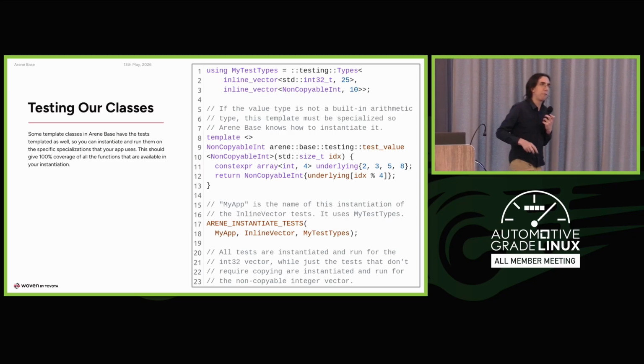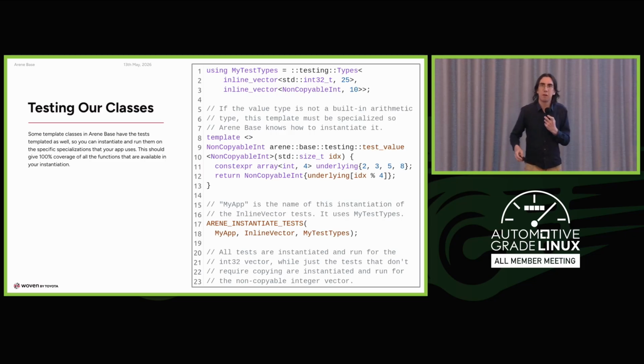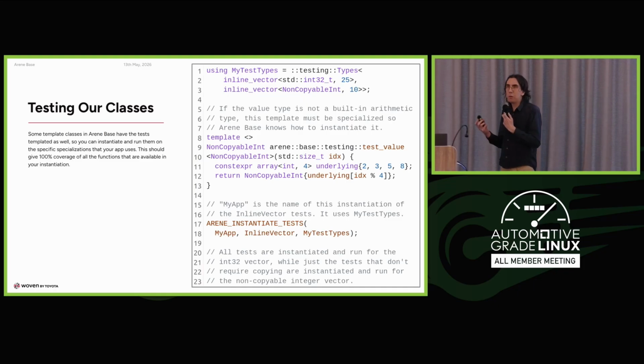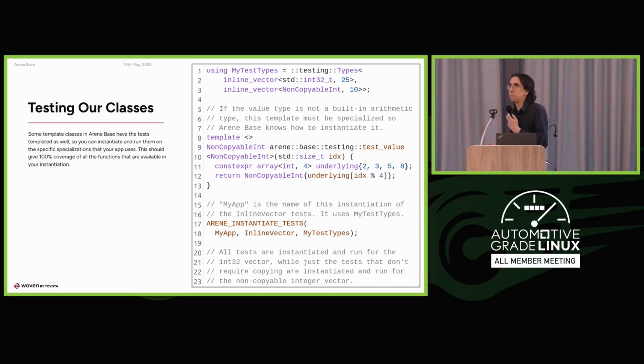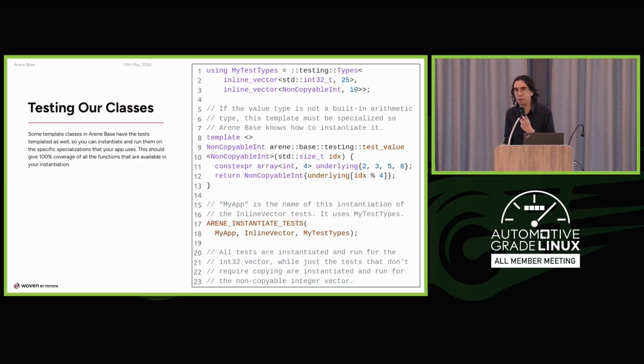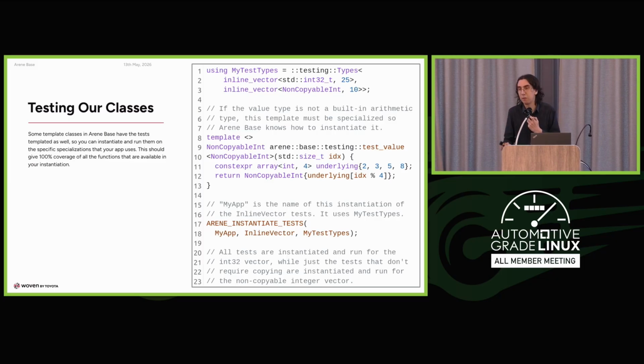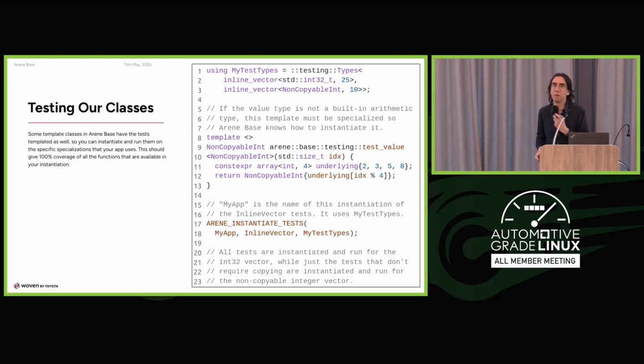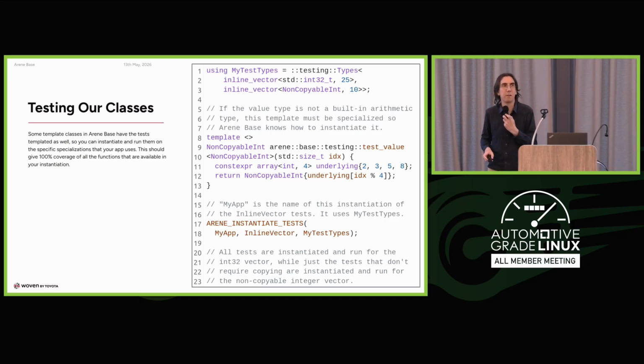And we'll give you that full 100% test coverage on your class. And I think that anyone who's nervous about using C++ templates in a safety critical context, about getting certification for C++ templates, this should give you all the test coverage information that you need in order to get safety certification for it.